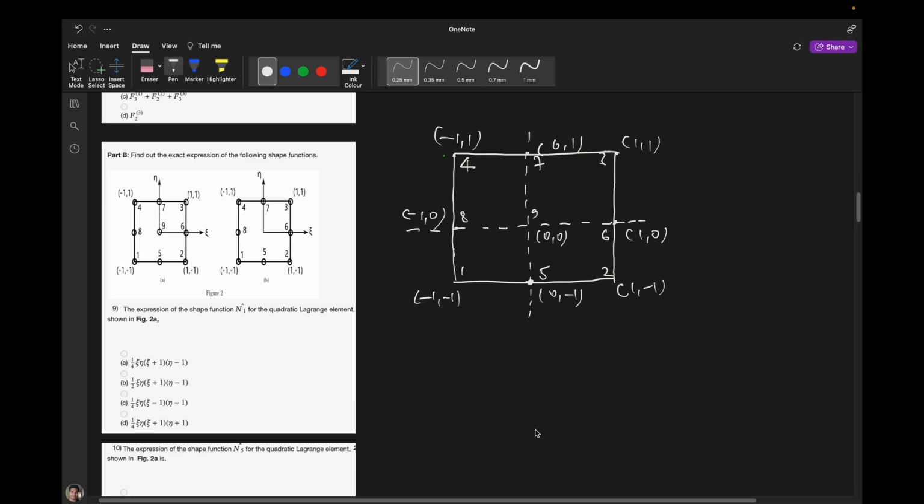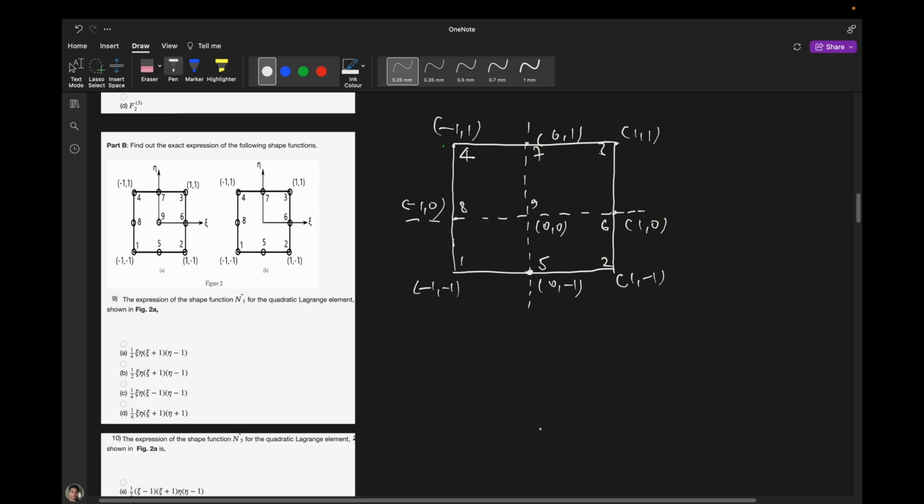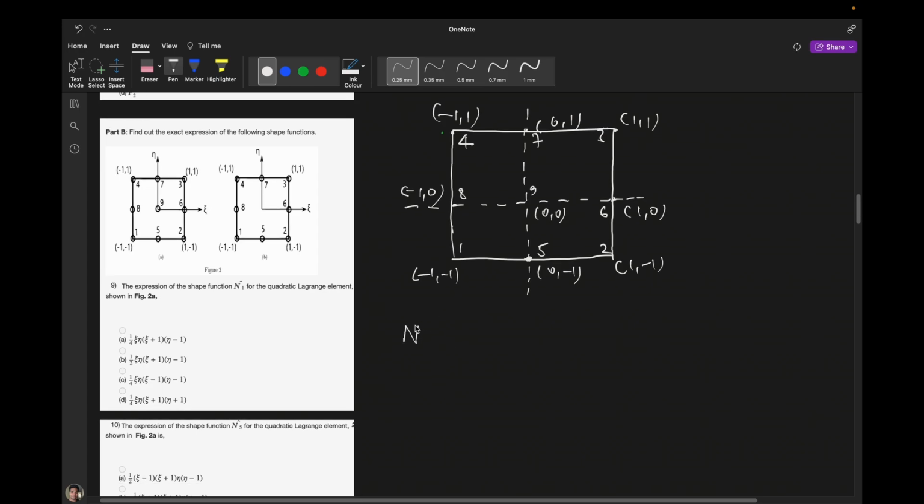Okay, what is the general expression for Lagrangian shape function?